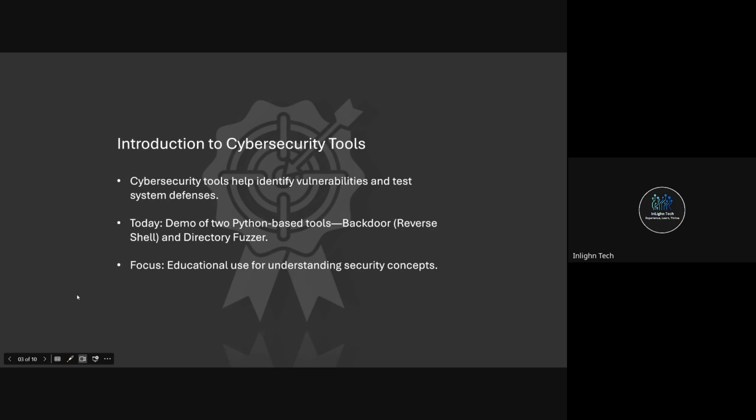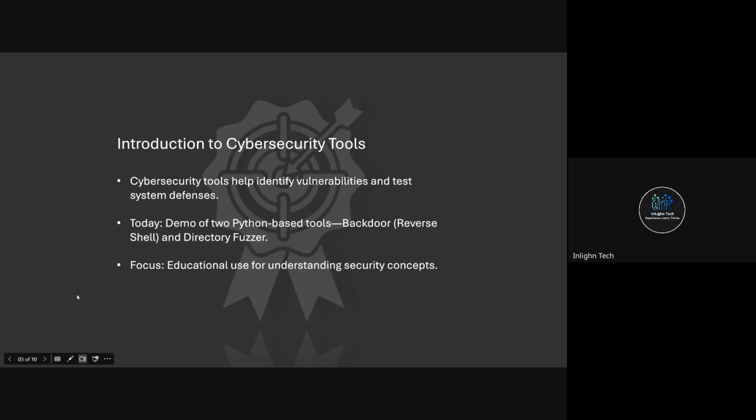Cybersecurity tools are essential in identifying vulnerabilities and testing defenses against threat actors. Today, we will look at two Python-based tools that simulate how real-world attackers and pen testers operate, but for educational and ethical purposes only.